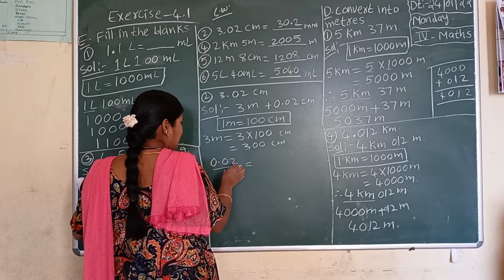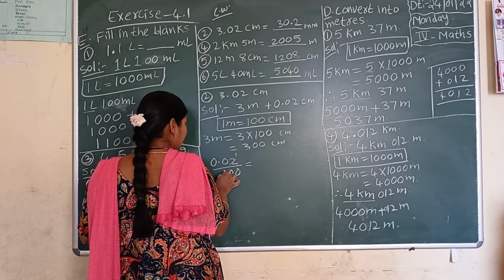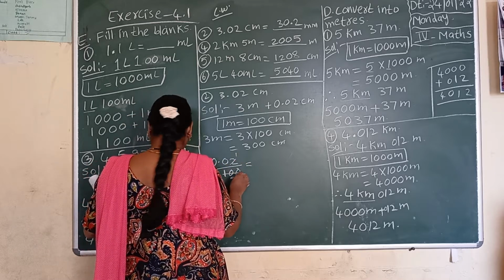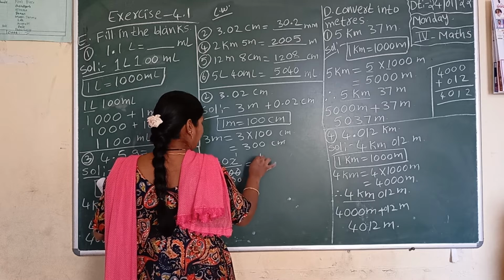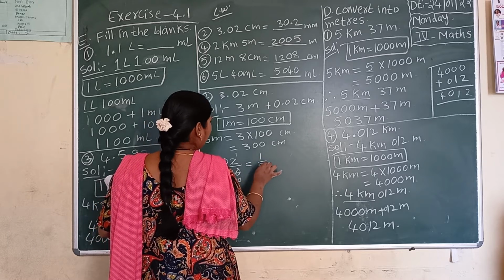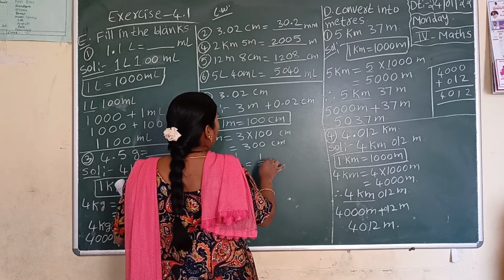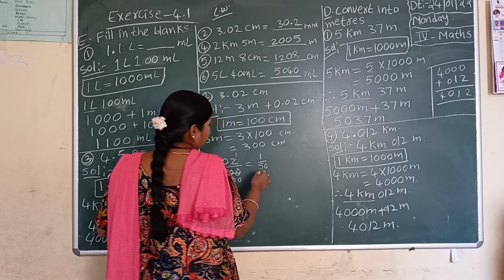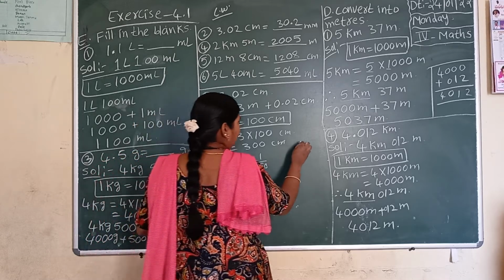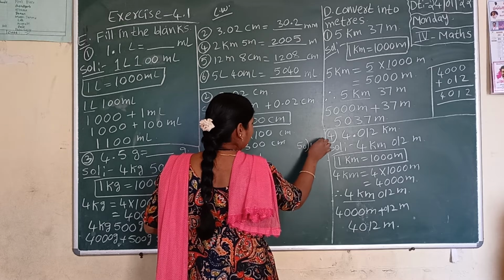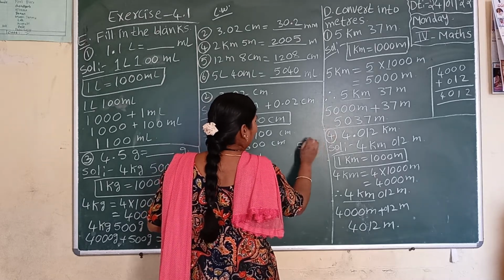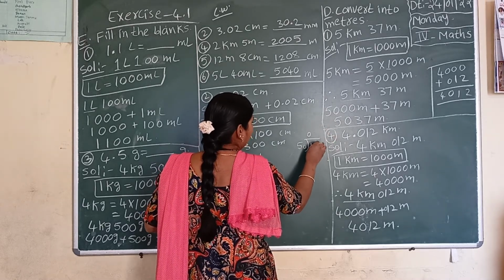Converting means here we are getting 100. Now you have to do the cancellation. 2 ones are 2, 2 fives are 10. Here you are getting 1 by 50. 1 by 50 becomes 0.02. See, doing division, 50 into 1 is not coming, so keep 0.